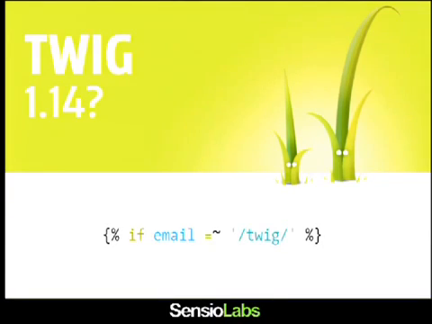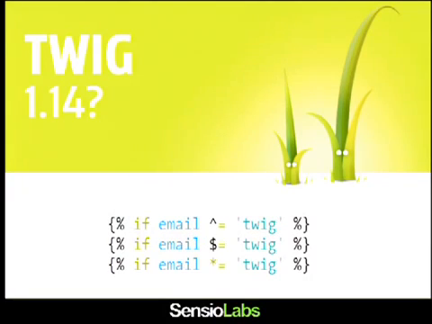What? Yeah, so the question is, instead of adding a new operator, what about adding a new filter? Instead of defining these operators, we can add a filter starts with or ends with or contains. The thing is, a filter modifies a value.